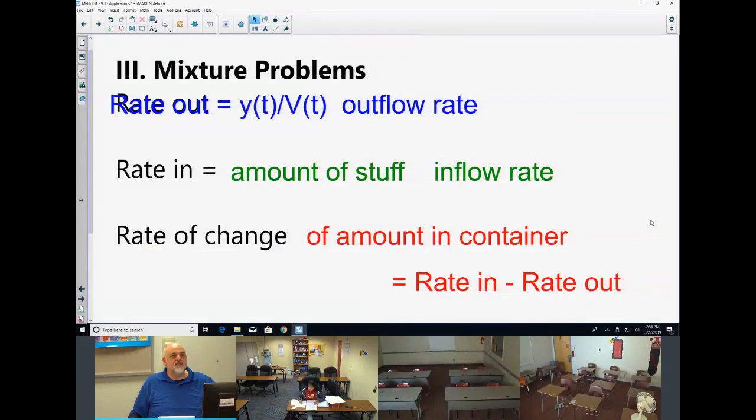So at the beginning of the section, there's these three things: rate out, rate in, and rate of change. So you might just write that down for just a minute.